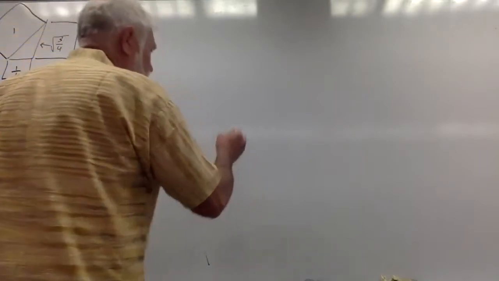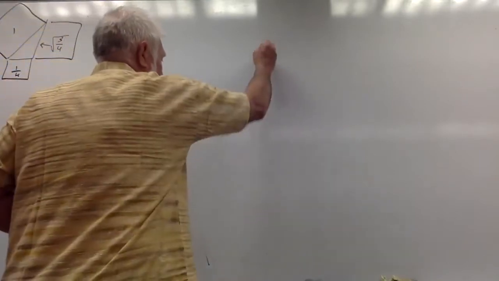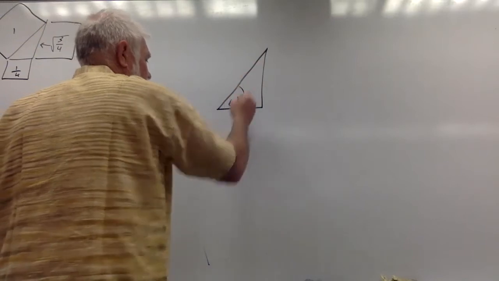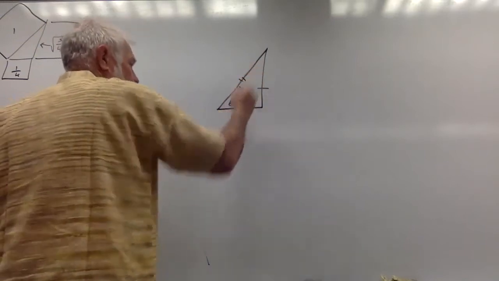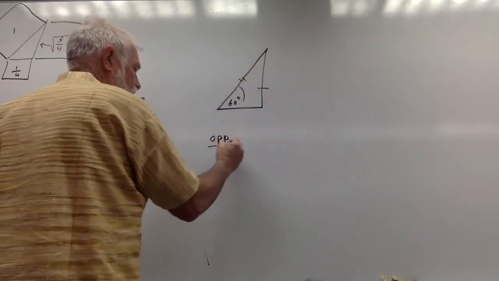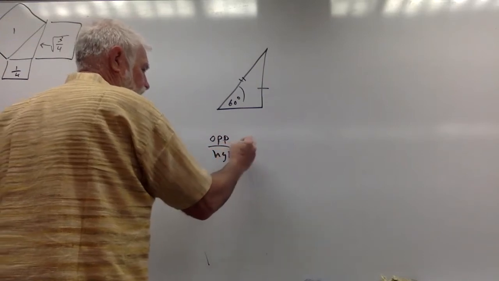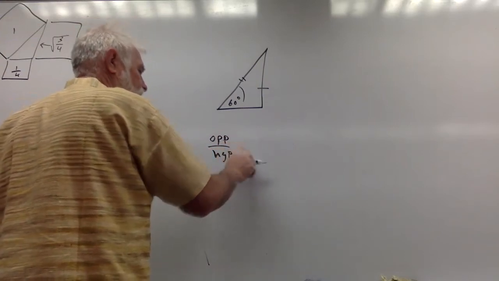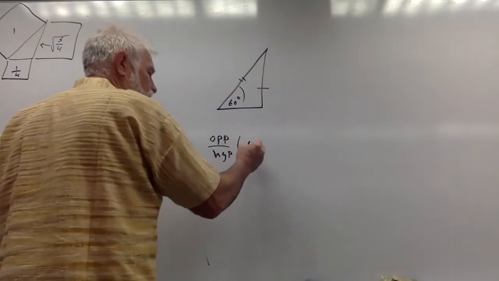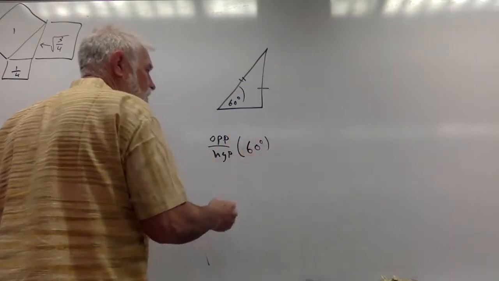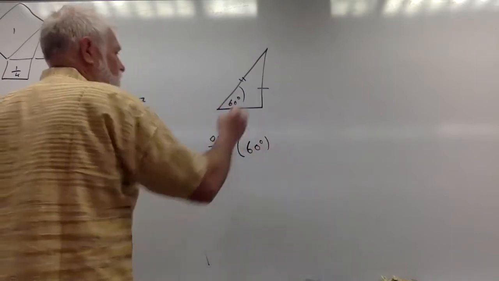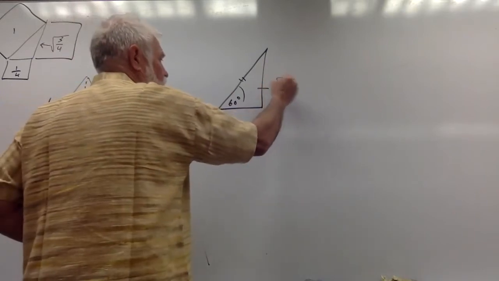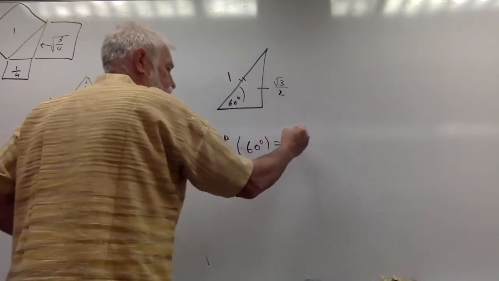For this particular triangle, we have a relationship of the opposite side to the hypotenuse of this 60-degree right triangle, equal to √3/2 divided by 1.